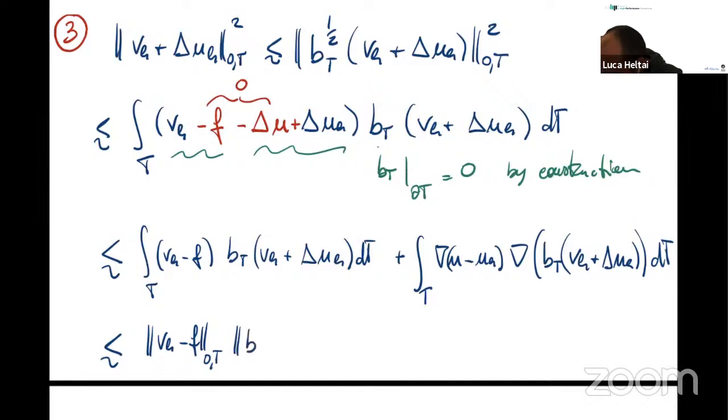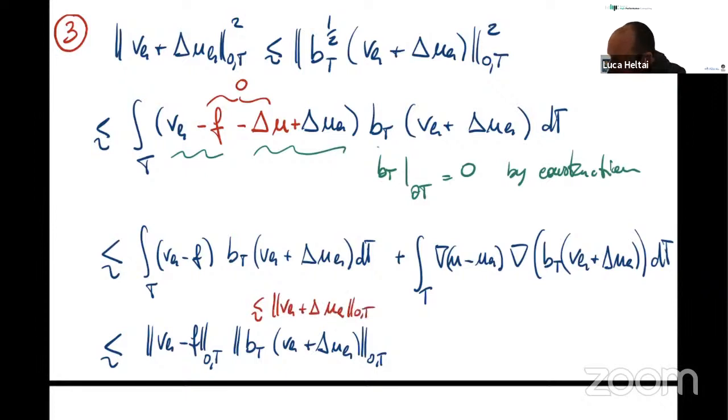So this would be bt vh plus Laplacian of uh, 0t. And now I would like to exploit the fact that this is smaller or equal than the norm of vh plus Laplacian of uh, 0t. And on the other side, I do the same.